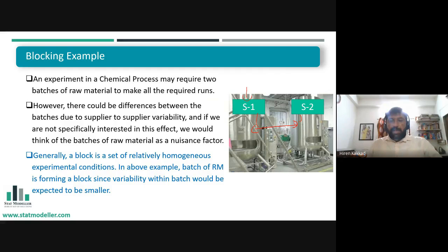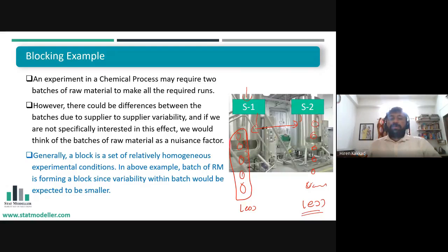But for supplier one, if I take 5 samples from this chemical, the variability within these 5 samples will be very small. And if I take 5 samples here, the variability will also be small.